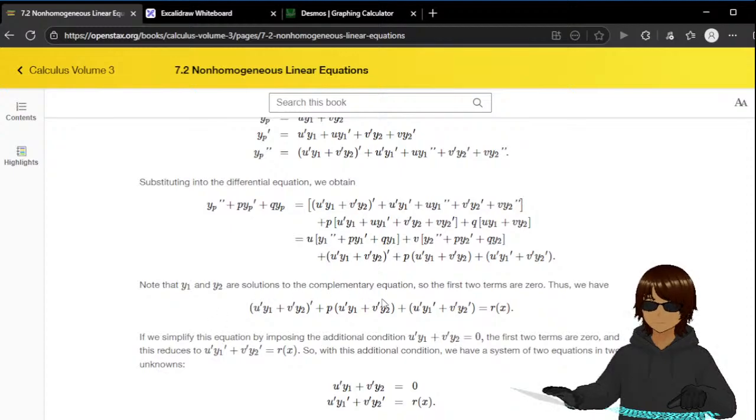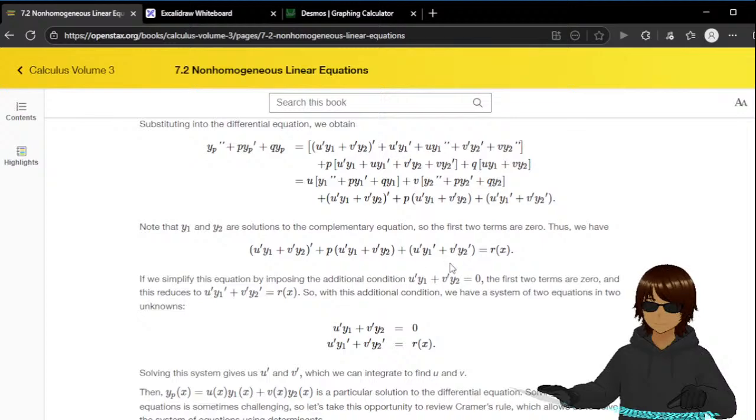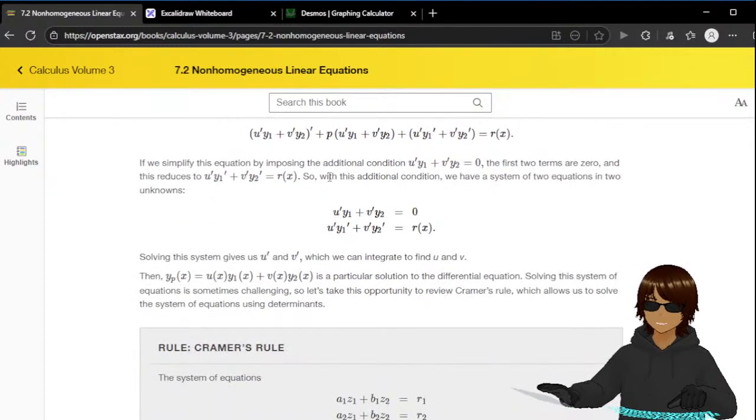So if they're solutions to the complementary equation, substituting in y1 gives 0, substituting in y2 gives 0. So we are left with this. Derivative of u y1 plus derivative of v y2, derivative of that, plus p times derivative of u y1 plus v y2, plus, okay, if we simplify this equation by imposing our additional condition, this plus this is equal to, oh yeah.